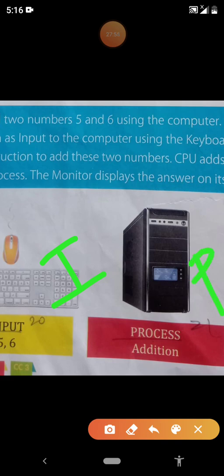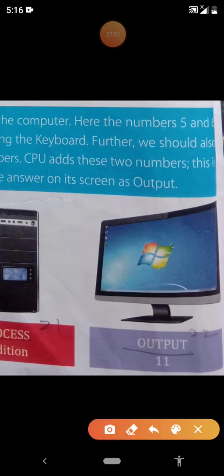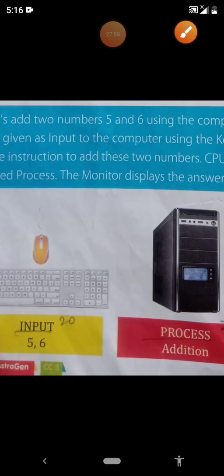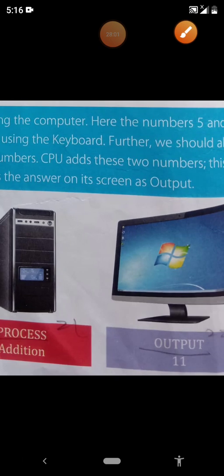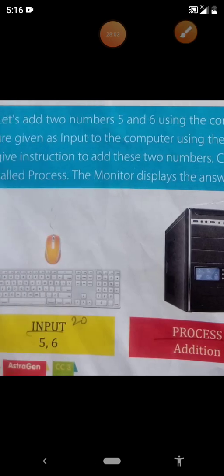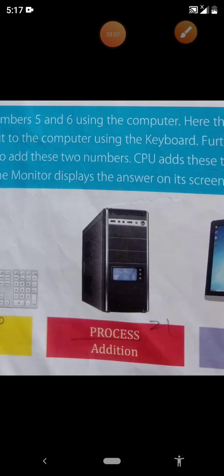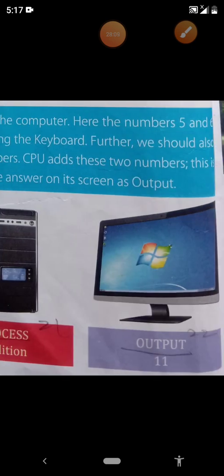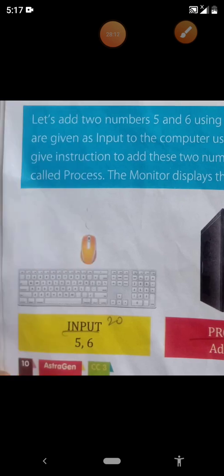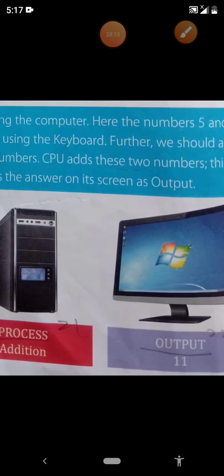Using the keyboard we give the instructions to add these two numbers. The CPU adds these two numbers; this is called process. The monitor displays the answer on its screen as output.